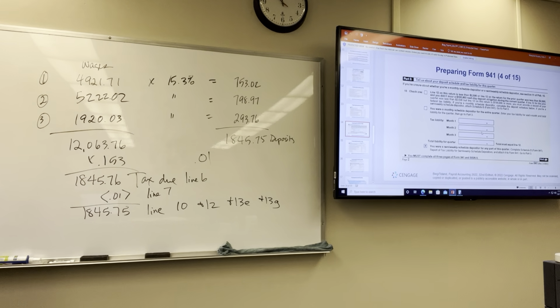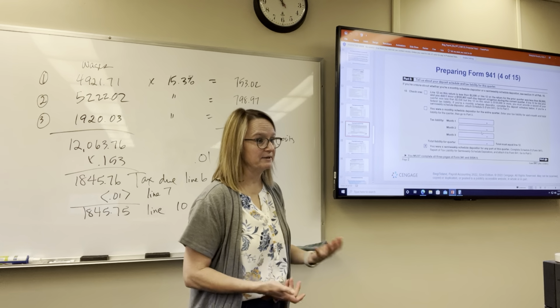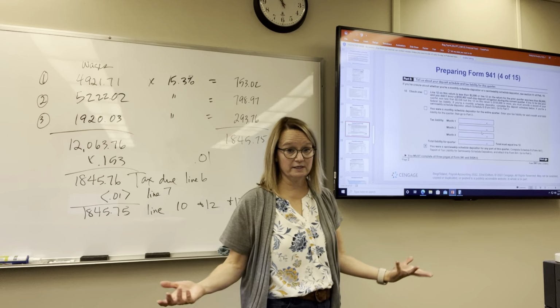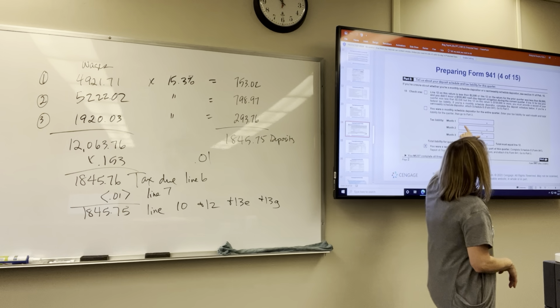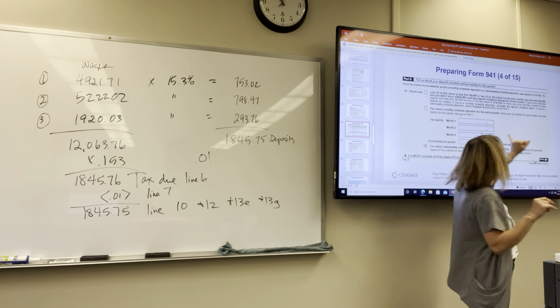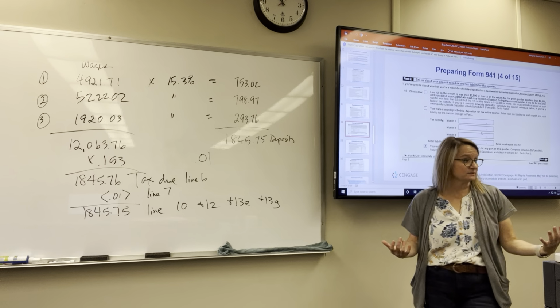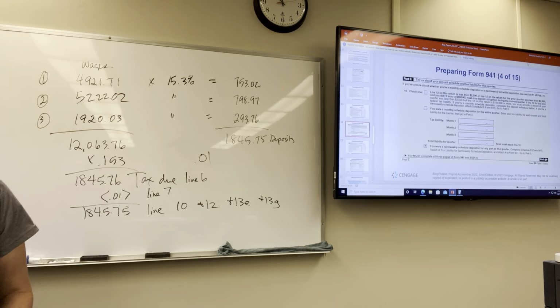So you had to figure out, based on the information they gave you and on how many pays, obviously on a weekly pay cycle, these 3 amounts weren't equal to each other. Month 1 would have been higher because it had more pays, right? More pays means higher tax liability.